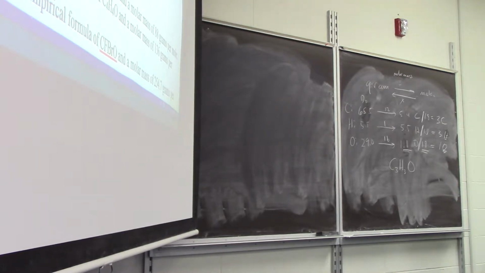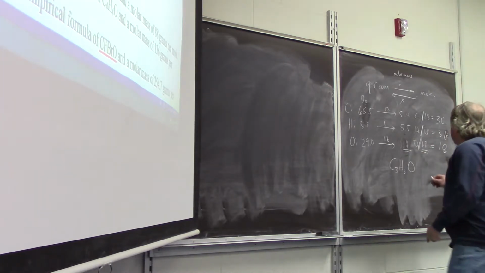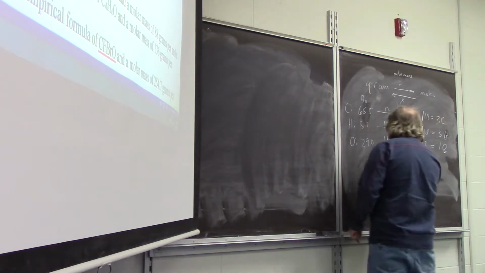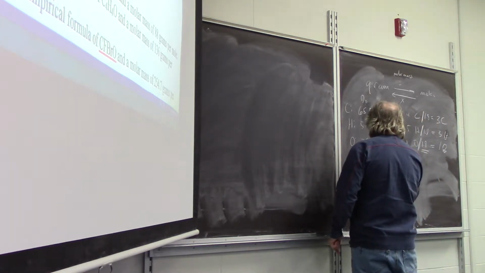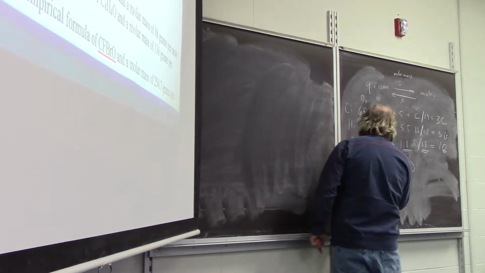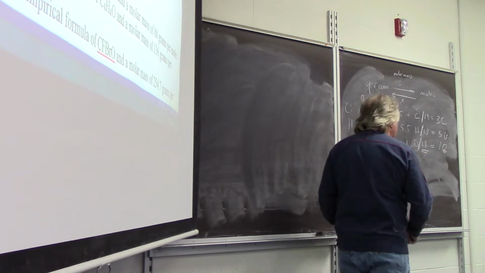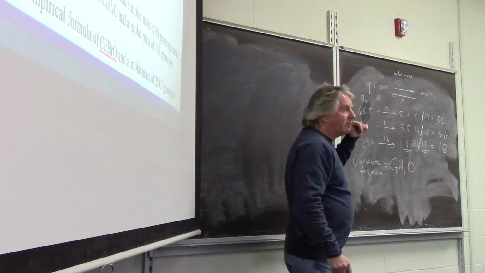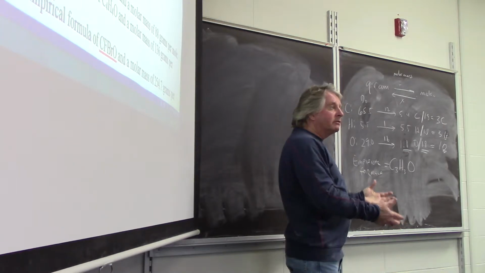All right, next problem is if the molar mass of this compound is 110 grams, what is the molecular formula? So this is the empirical formula. What you want to do is find out how much it weighs and compare it to the molecular mass.